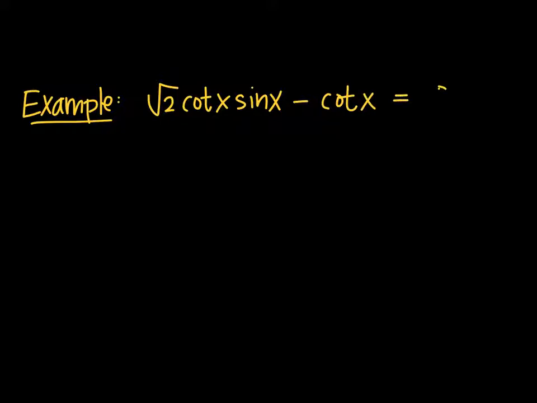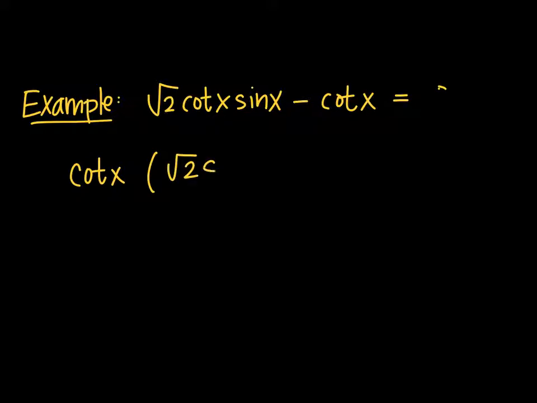How many parts are there? There's still just 2 because there's only one subtraction. Even though it looks complicated, there's only 2 parts: a part before the subtraction and after. So there's got to be hopefully a GCF, which is what? Cotangent of x.